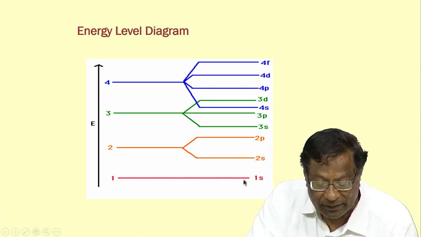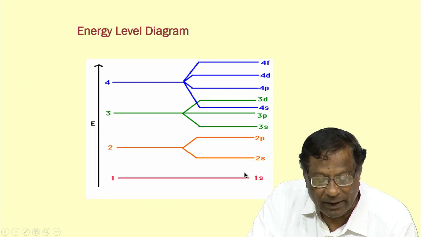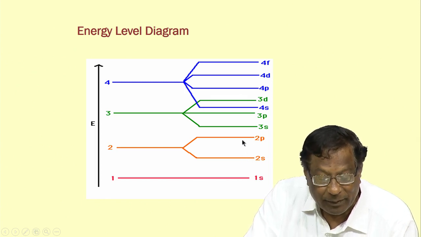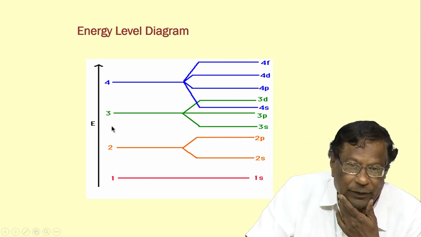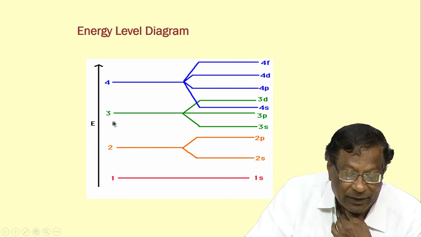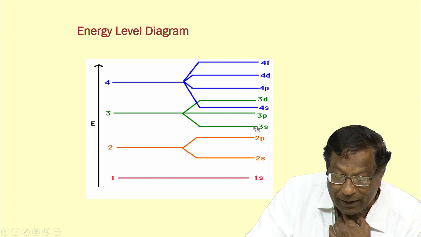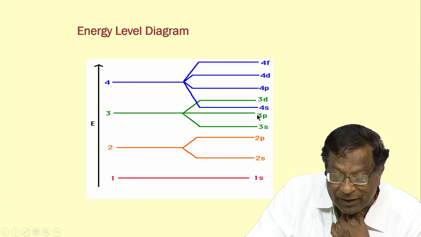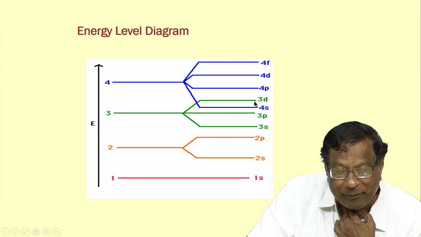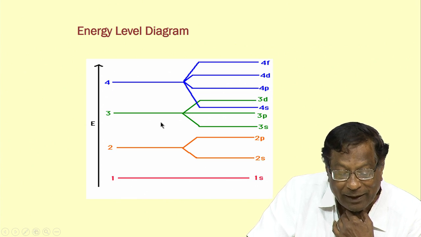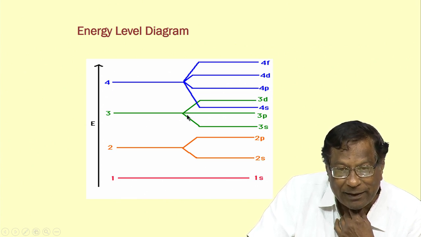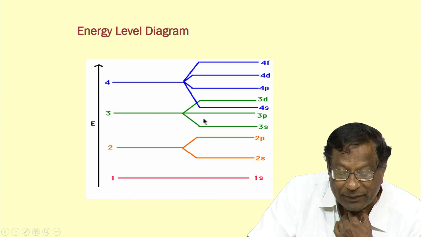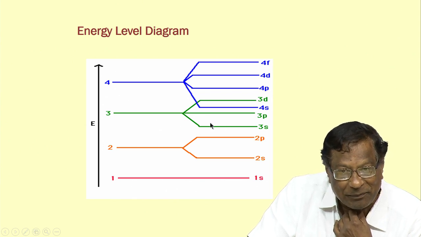So, 2s is located above 1s and 2p is located above 2s. Similarly, as you move to higher quantum numbers, that is n equal to 3, you will have 3s, 3p and 3d. Okay. Now, that I have depicted using green lines.